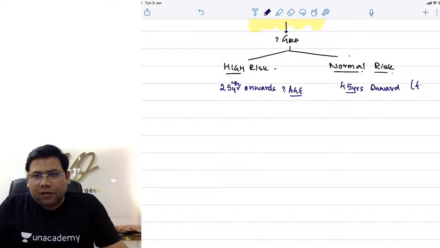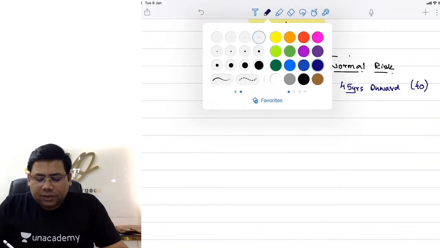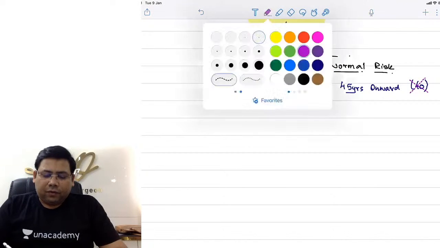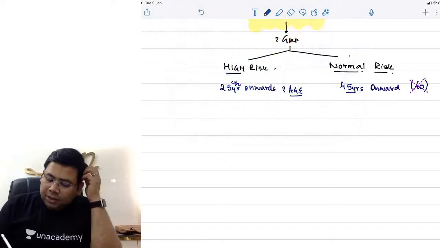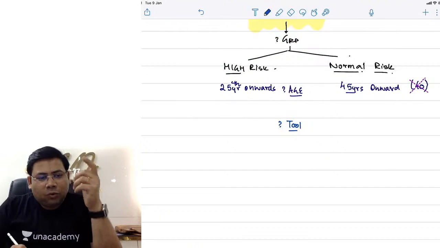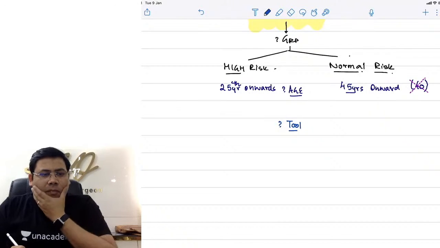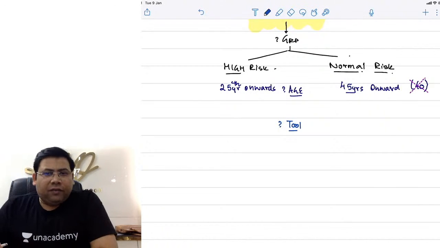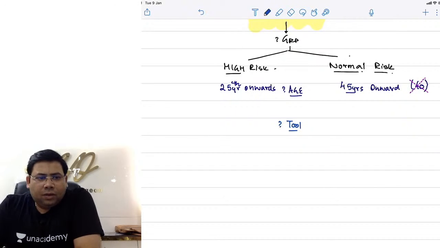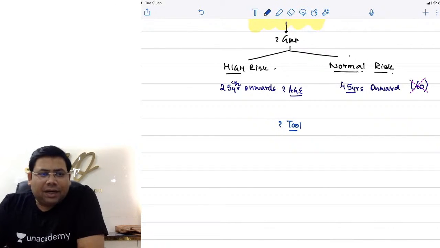So from 40-year onwards, the recommendations have now changed to 45-year onwards. Next is the tool for the screening. For high risk group, you have the most sensitive tool. Now take this as 25 and 45. So not 40, 45. The latest guidelines are recommending it at 45, not 40.